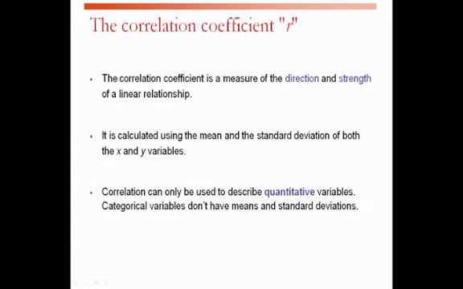So, we only measure the direction and strength. Direction is measured by whether it's positive or negative. Strength, the closer it is to 1, the stronger the relationship. Correlation is calculated using both the mean and standard deviation.